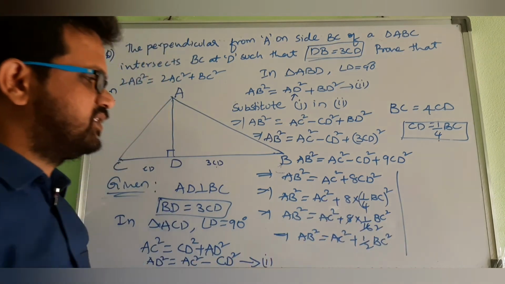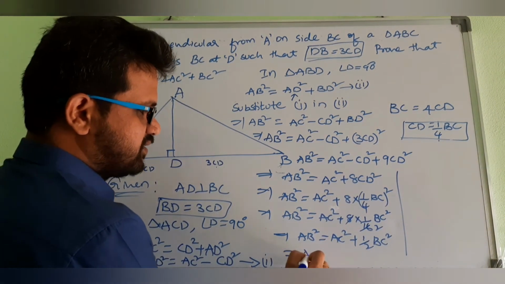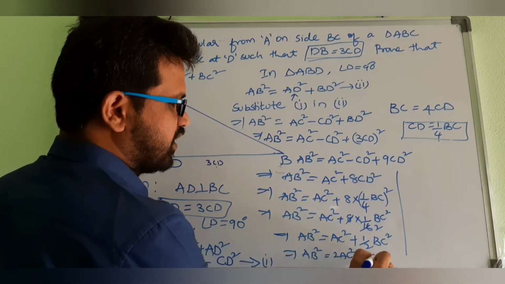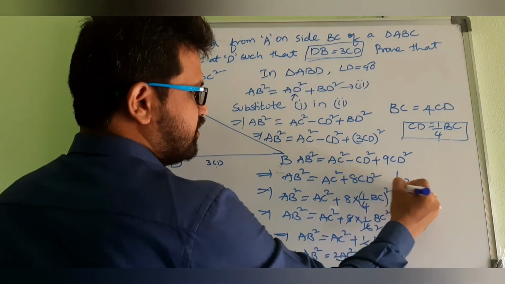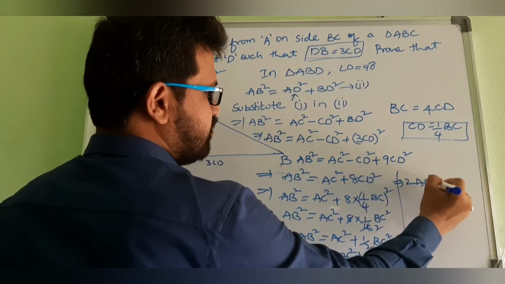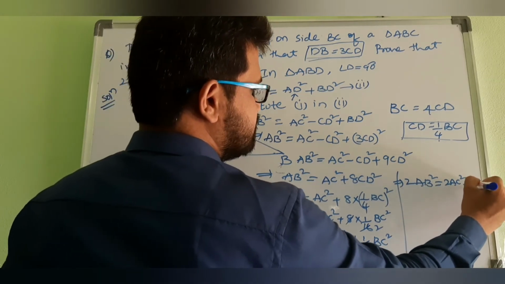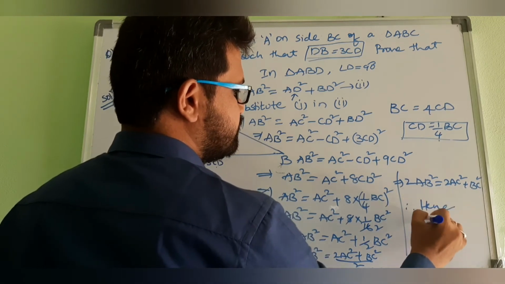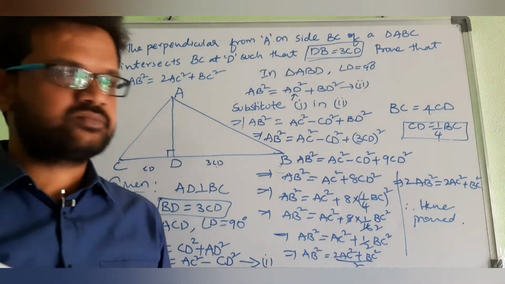Now you do LCM. We get AB square is equal to 2 AC square plus BC square by 2. Now cross multiply, we get 2 AB square is equal to 2 AC square plus BC square. Hence proved. Okay, understand? You have to do it step by step, right?